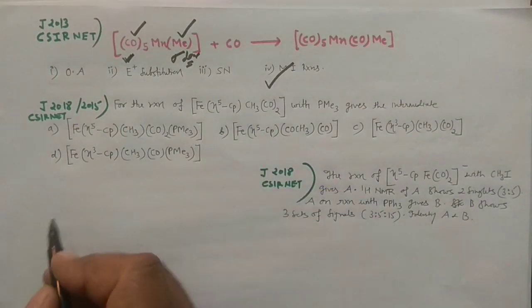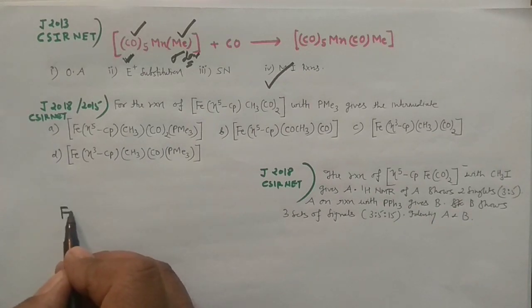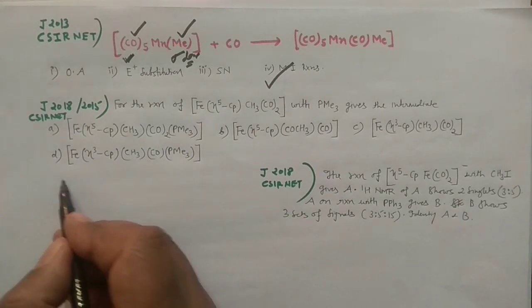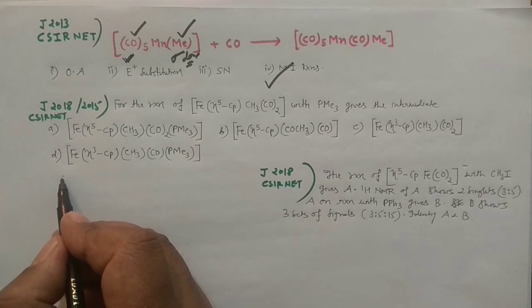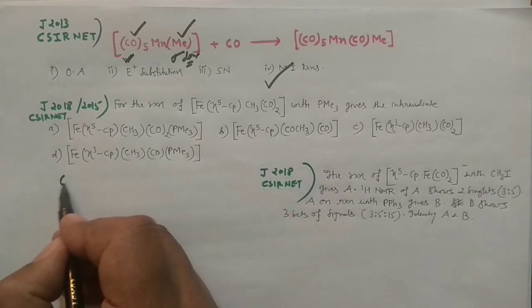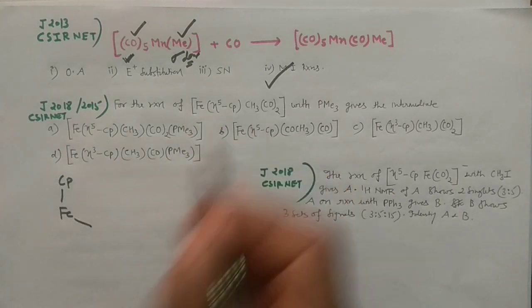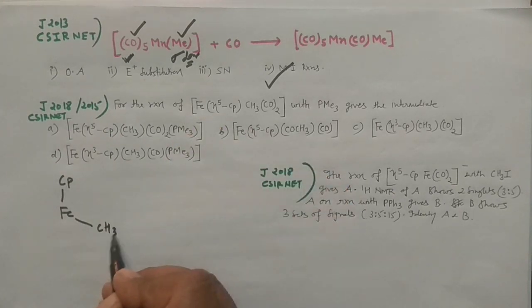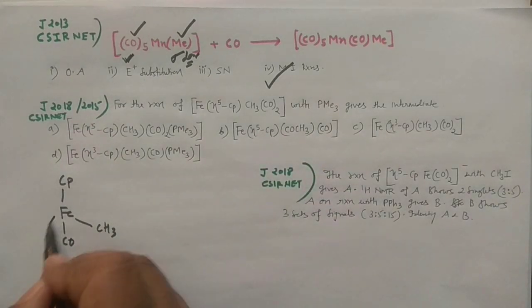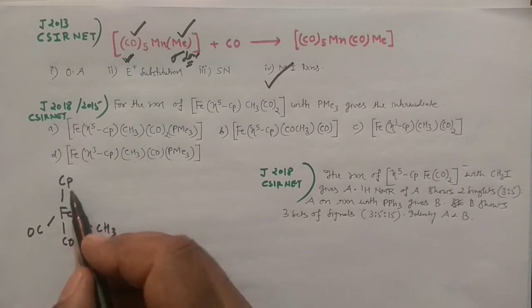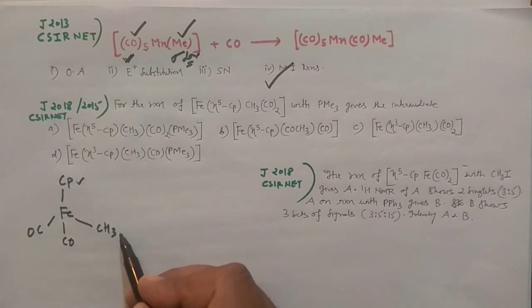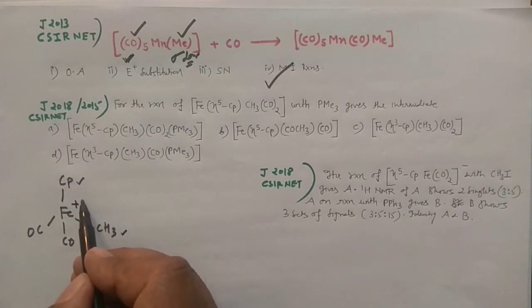I can write Fe, and Cp is here, so I can write Cp. My methyl is here, and two carbonyls are there, so I can write one carbonyl here and one carbonyl here. The Cp is -1 and the methyl is also -1, so iron is in the +2 oxidation state.